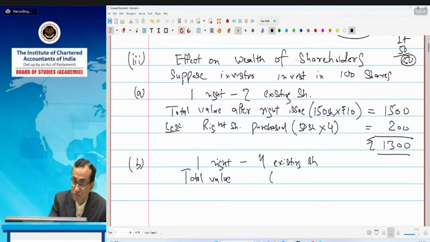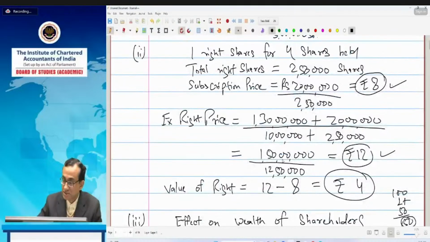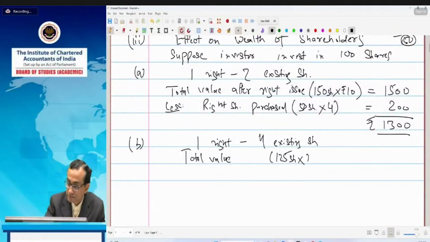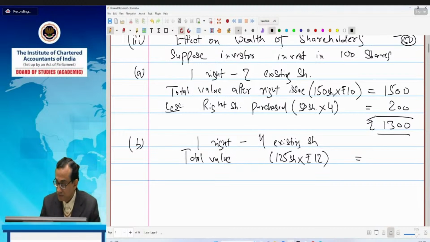So total shares will be 100 plus 25, which is 125. So 125 shares multiplied by the ex-right price. In situation 2, the ex-right price is rupees 12. Let us calculate 125 into 12, which comes to 1500.